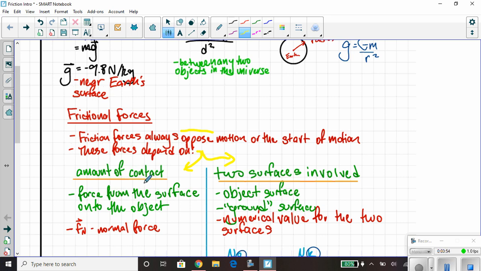The amount of contact is quantified by the force from the surface on the object. But we already know what the force from the surface onto that object is called, the normal force. So the more normal force there is between an object and the surface, the more contact there will be, and the greater the force of friction will be.